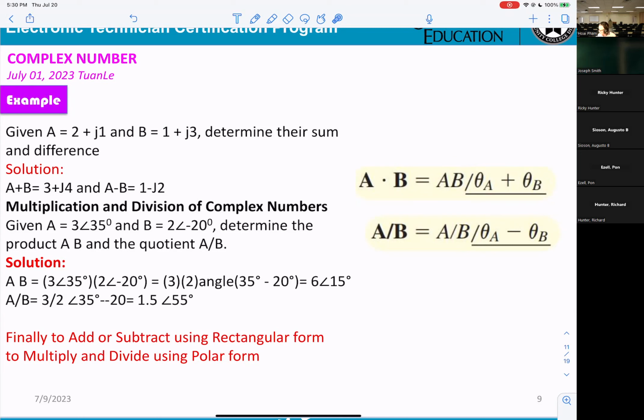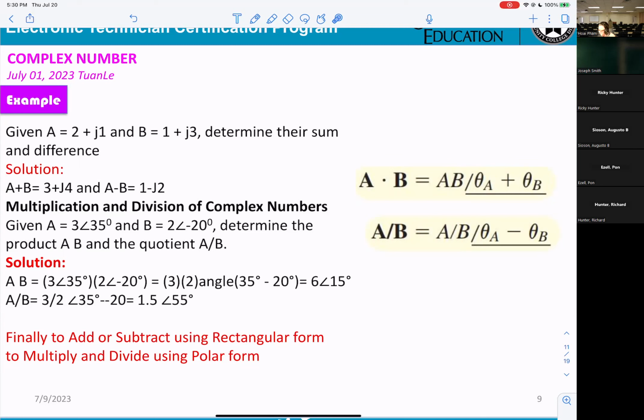The formula for A times B: you take A times B, and the angle will be delta A plus delta B. When you divide A by B, you just take A divided by B, however the angle will be delta A minus delta B.